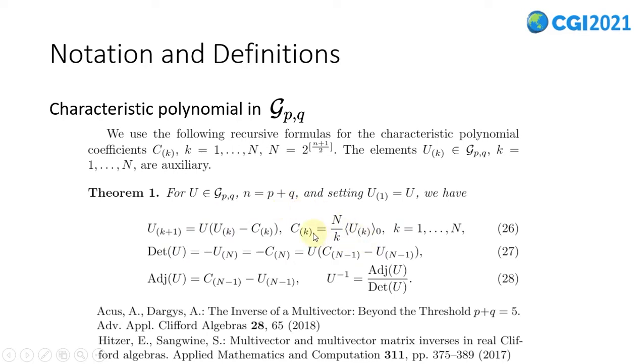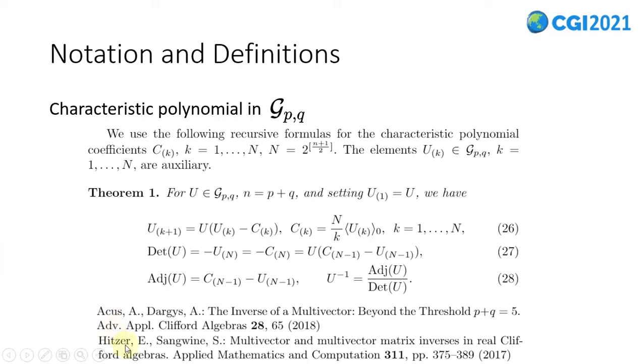Also, these formulas let us compute the determinant, the adjugate, and the inverse of an arbitrary element u. The problem of finding inverses was discussed in multiple articles by several experts.